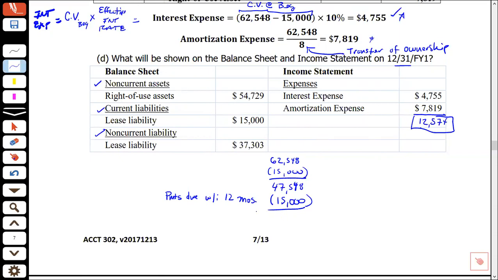Why am I not liking the way this is going? So we take 47,548 minus 15,000. I am not a happy camper because this is 32,548.